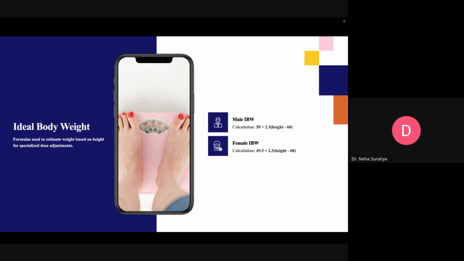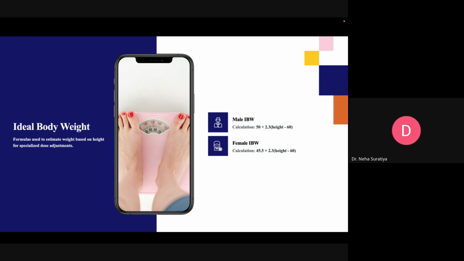You need to understand this. We have a formula for this. For example, for male ideal body weight, we have the calculation 50 plus 2.3 times the height in inches over 60.